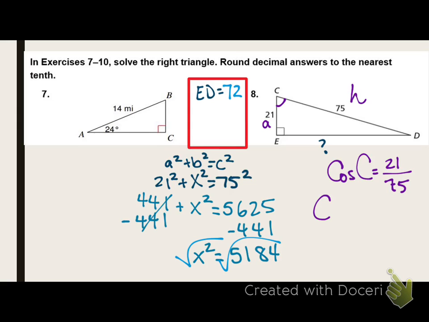We're solving for an angle. How do I get rid of cosine? Shift. I'm going to use the inverse. So inverse of cosine of 21 over 75. So what do we get for the measure of angle C? 73.73. Do we all agree?